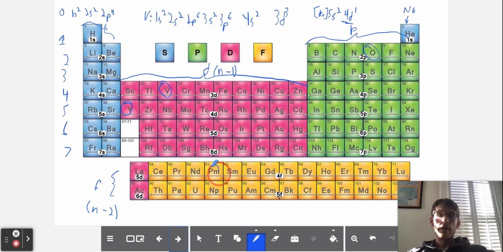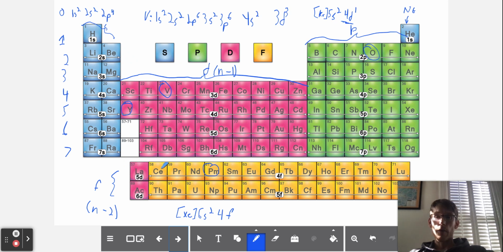So if we had promethium, for example, we could say the noble gas before promethium is xenon, which is 54. So I'd say Xe, and then I'd say 6s2. And after the 6s does come the 4f.